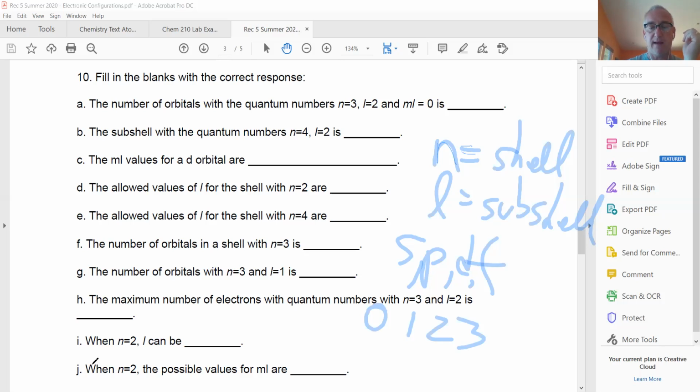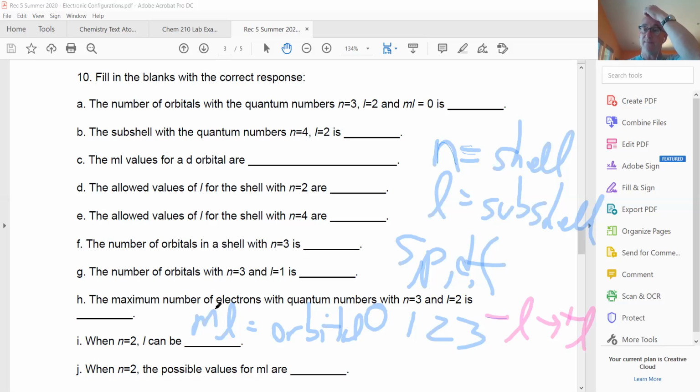And then m sub l is the orbital. We know that there's orbitals inside the subshell, and the number of orbitals depends on what subshell it is. It's pretty straightforward to remember what the numbers for m sub l are, because it goes from minus l to plus l.